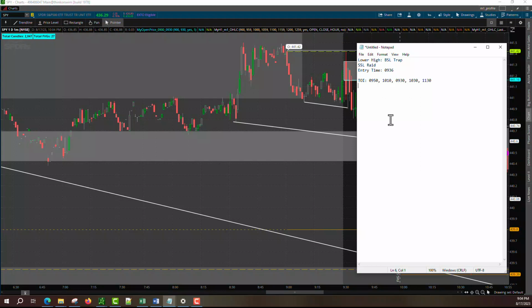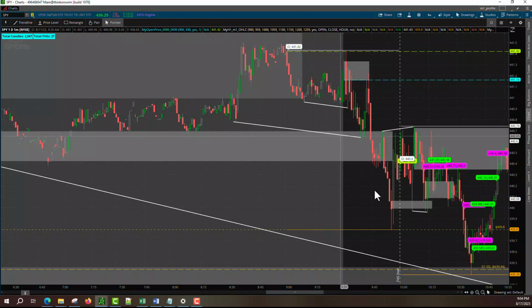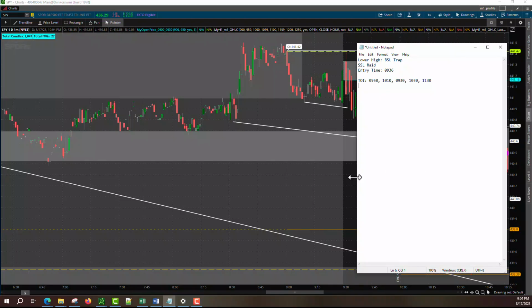Why did the trade not play out the way we wanted? Look carefully, right? And then now it starts going down. It starts going down. Oh, okay.